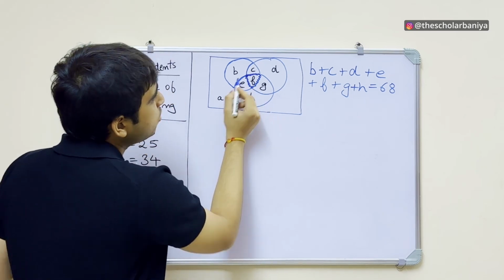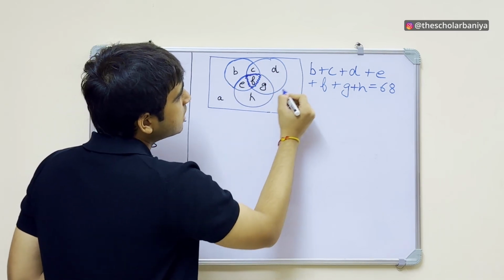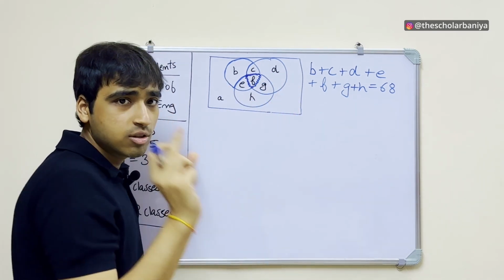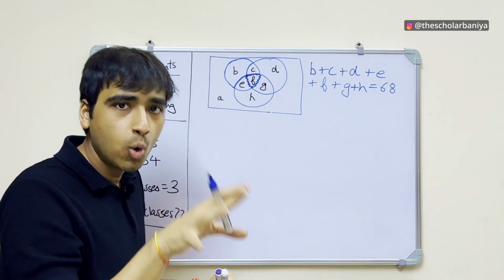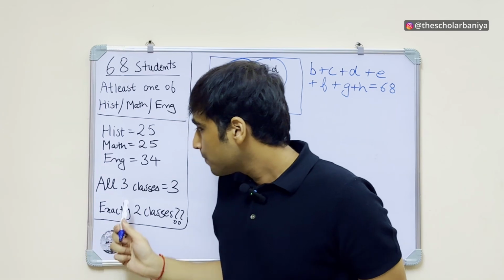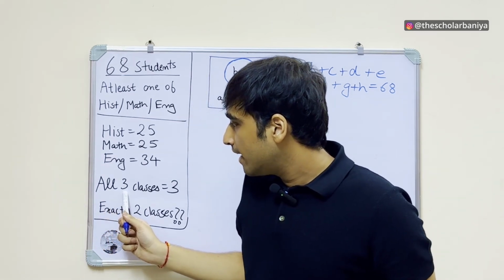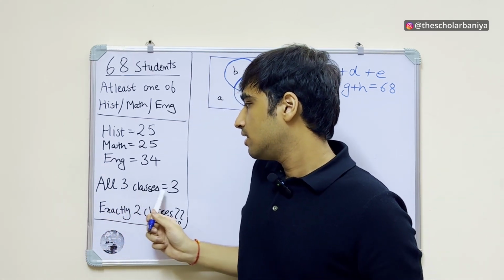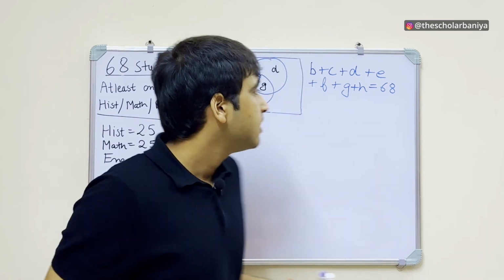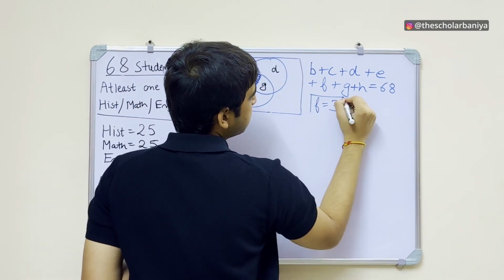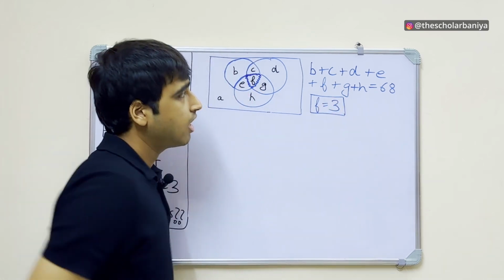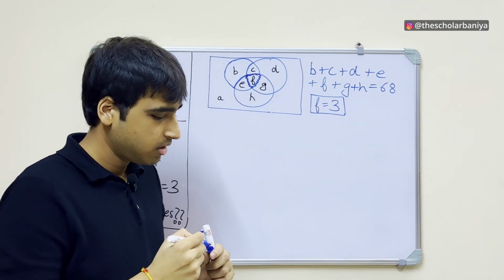It is common to this circle as well, this circle as well, and this circle as well. So the part F is the only part which is common to all the 3 circles. That means the number of students who have attended all the 3 classes is 3, right? This means that the value of F becomes 3. I hope this should be clear.